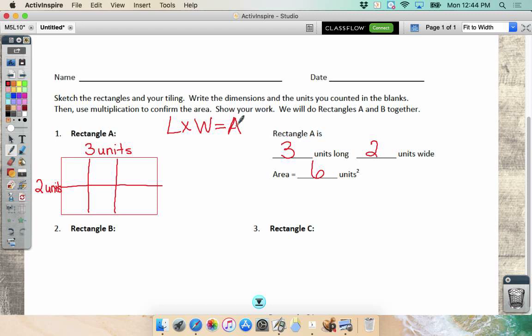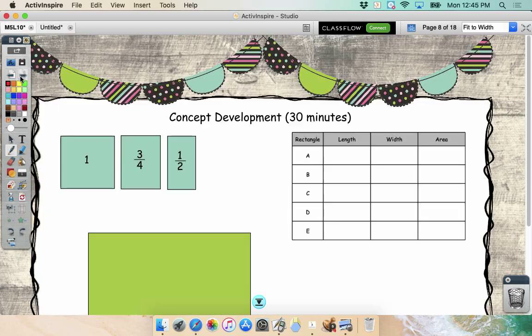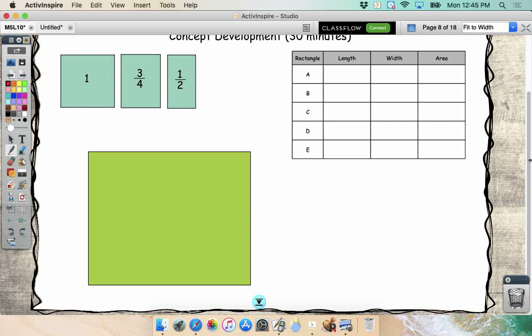Now what happens if I have a side length that's a mixed number? That means a number mixed up with a fraction. Okay? So let's look at this one. You can put your pencils down for right now. If I'm going to cover this one, this looks a little taller, doesn't it?